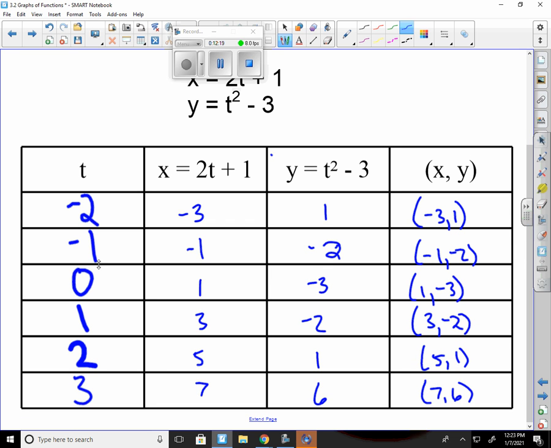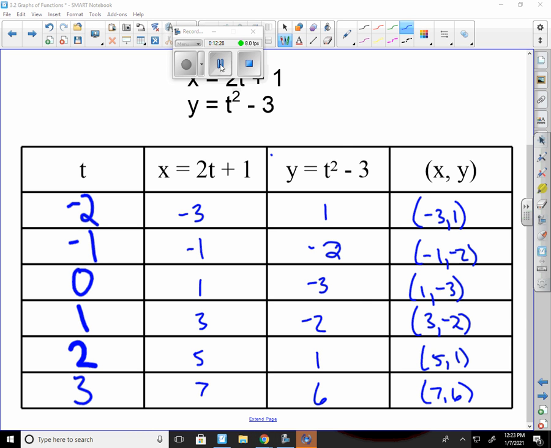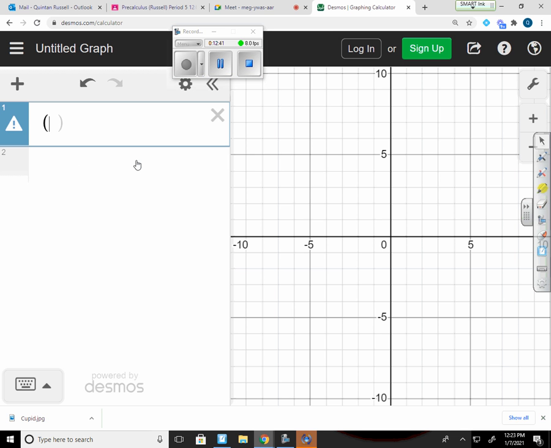So there's going to be some times where I ask you to do it using this method. If you think about what we've done on Desmos so far, we've never done a parametric on this. So there's a way to actually do it. The way that we're going to do it is we're going to put it in parentheses as if we are graphing just points.